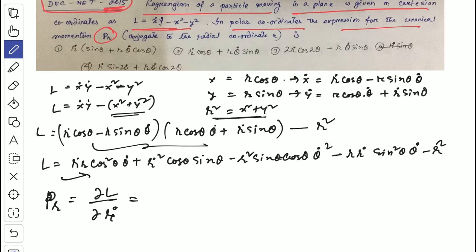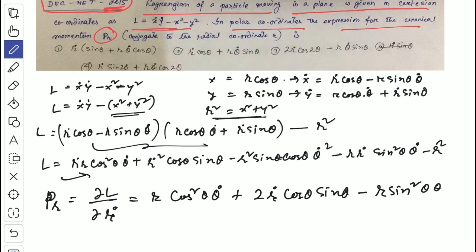If you differentiate this expression with respect to ṙ, then you will get r cos²θ θ̇ plus 2ṙ cosθ sinθ minus r sin²θ θ̇.